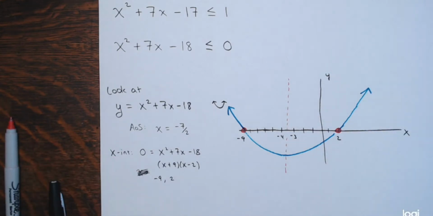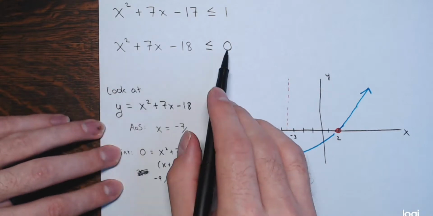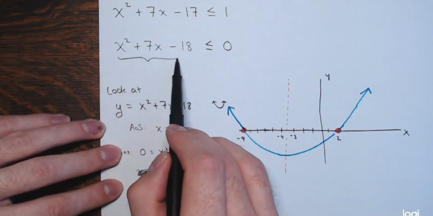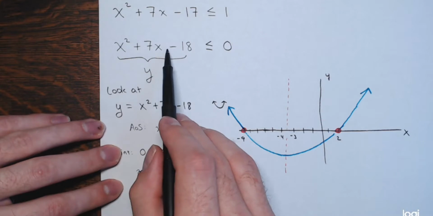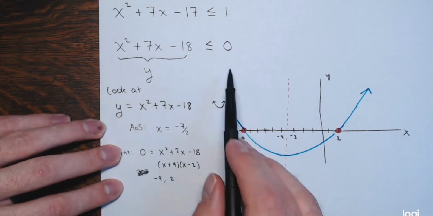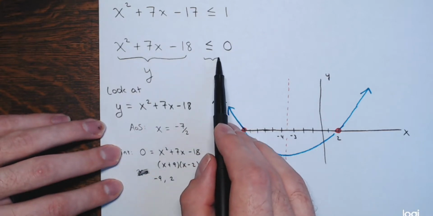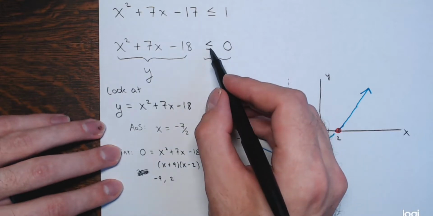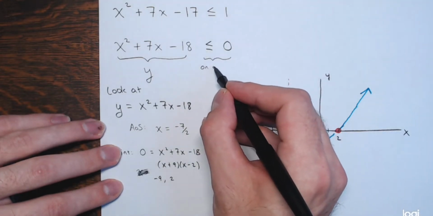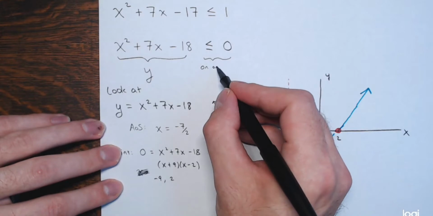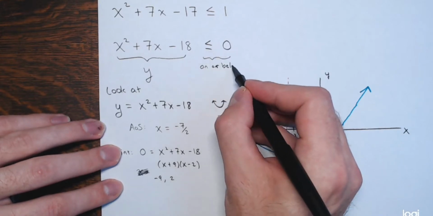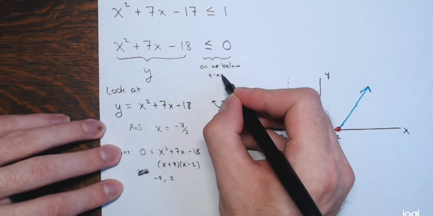If you look at the inequality, we're looking for where the graph of this function, x squared plus 7x minus 18, is less than or equal to 0. Less than or equal to 0 means on or below: on for equal, below for less than the x-axis.